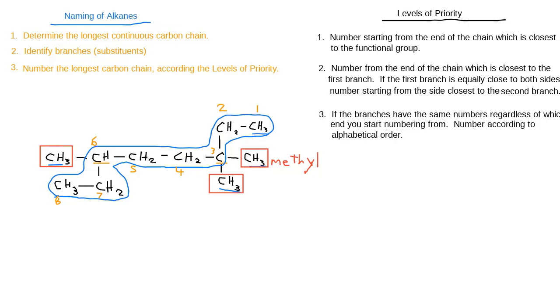So then when I'm naming this, going back up to the name, now that I've numbered the longest chain according to the level of priority, in this case I use priority number 2, whichever one gives me the lowest numbers.